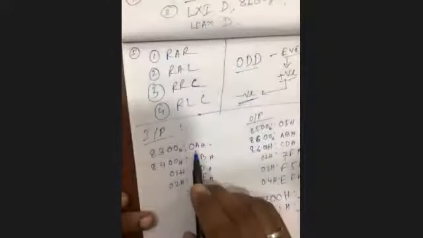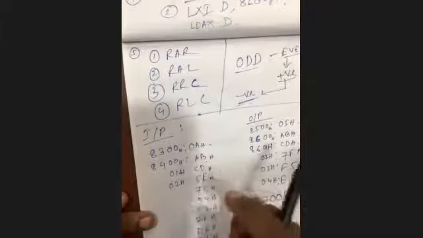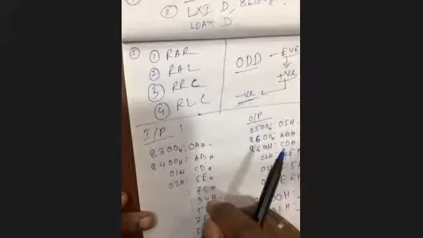What are the first instructions? How do I get this data into the B register? How will this data be received into the B register? Sir, first LXI B, 8500.